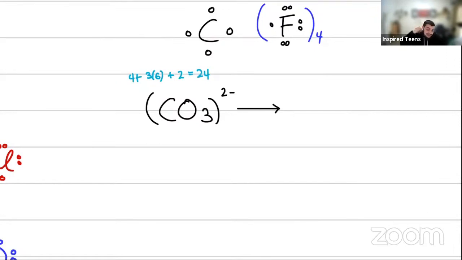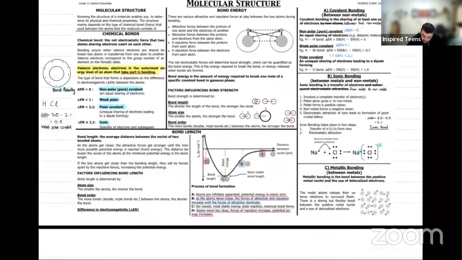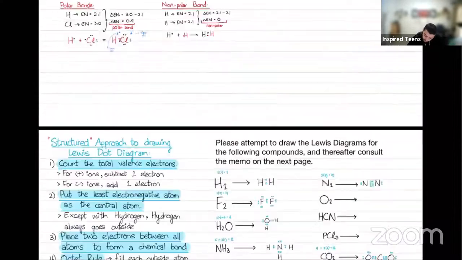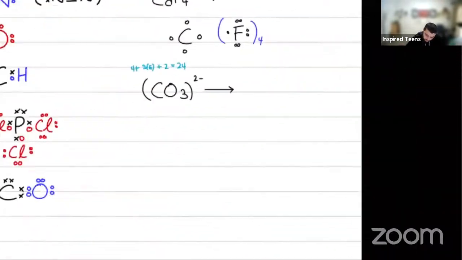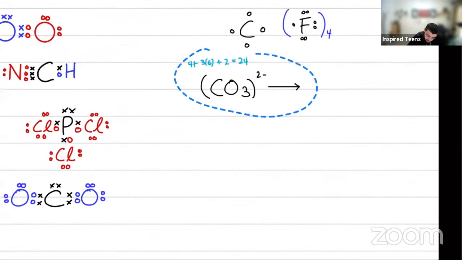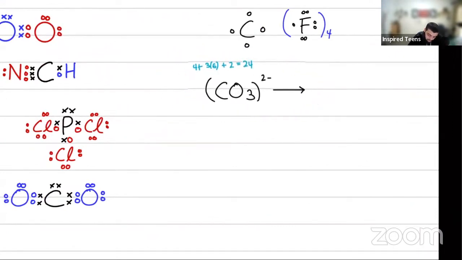Okay. The least electronegative atom goes in the center, that's going to be carbon. Carbon in the center, bonded with 3 oxygens.